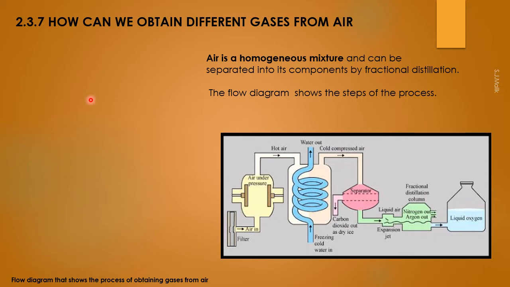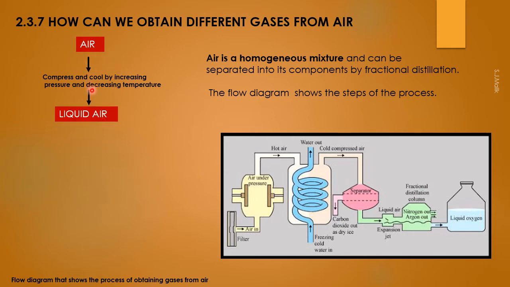The first thing is air, and when air is compressed and cooled by increasing pressure and decreasing temperature, what will happen? The air will be converted into liquid. Now it will be allowed to warm up slowly in the fractional distillation column. Now we notice the gases get separated at different heights according to their boiling points.